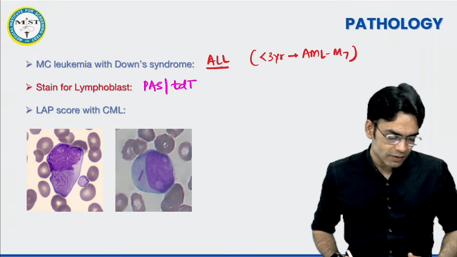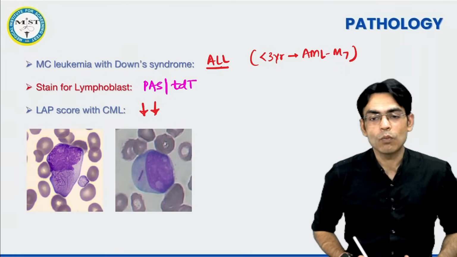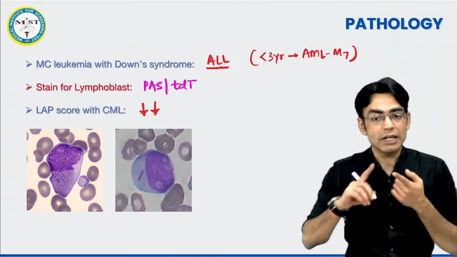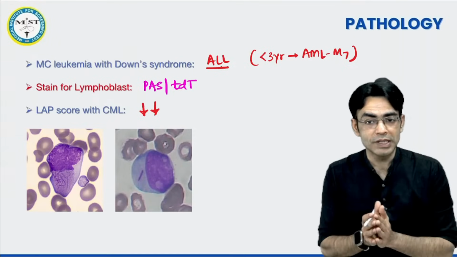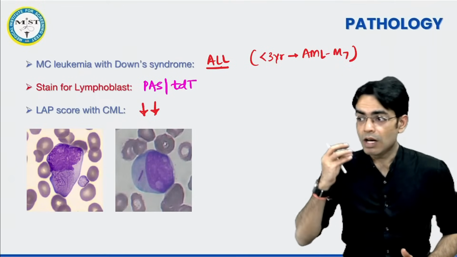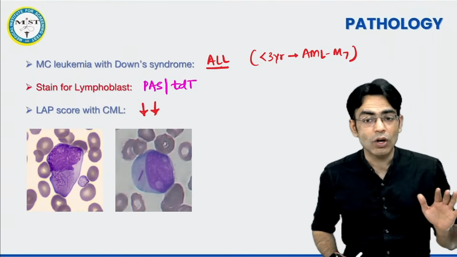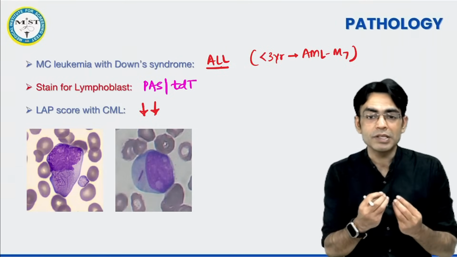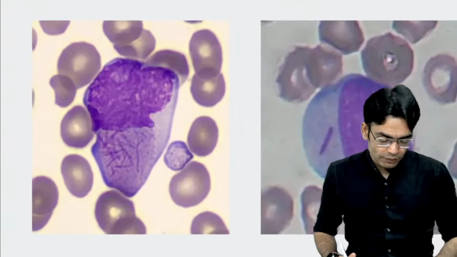Yes, the LAP score is low with CML. LAP will be positive with normal functioning WBCs. In CML, we see WBCs which look like normal WBCs because maturation arrest is not there in chronic leukemias, but these WBCs are abnormal functioning. So LAP is low.